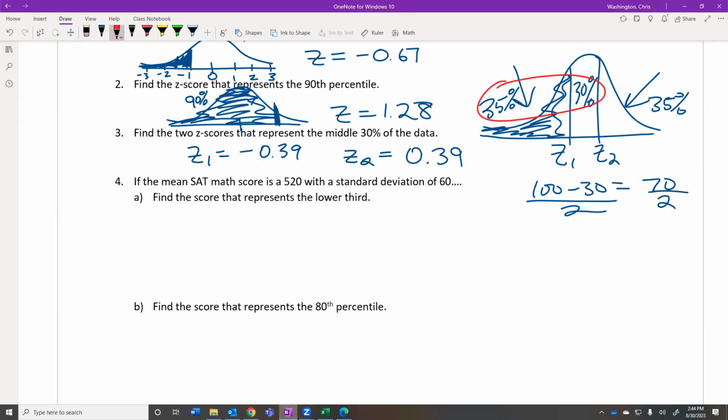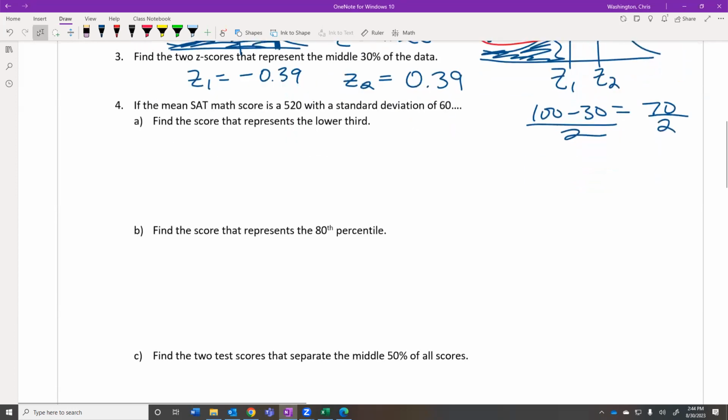All right, so that's if we wanted to find the Z-score. What if we wanted to be a little more specific and say we have an SAT math score, and I have to make a certain score to be considered for maybe a scholarship, or to try to get into Georgia Tech's STEM program, or whatever the case may be. So the average is 520, the standard deviation is 60.